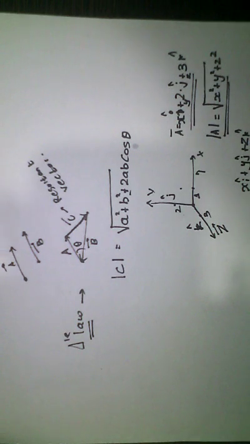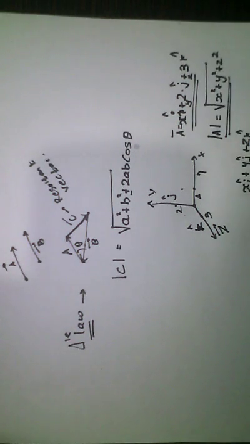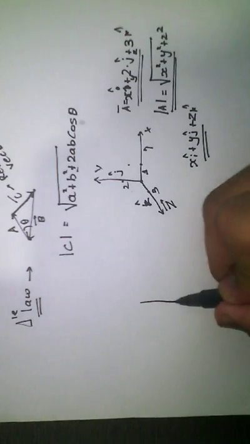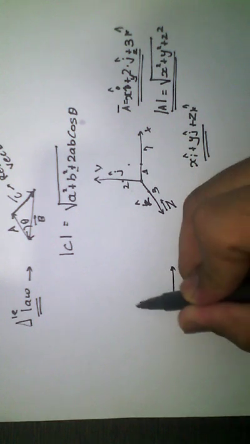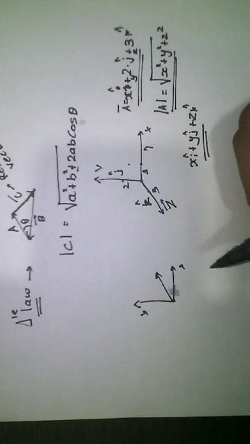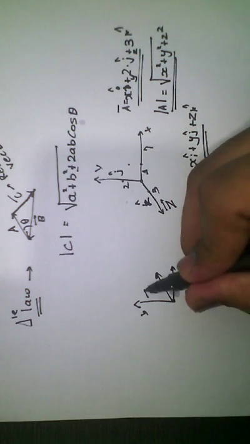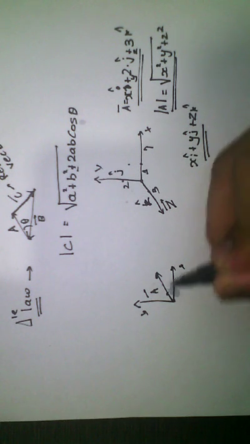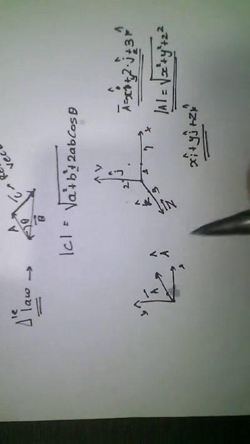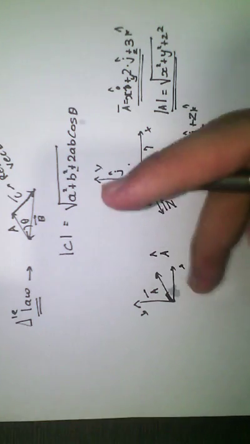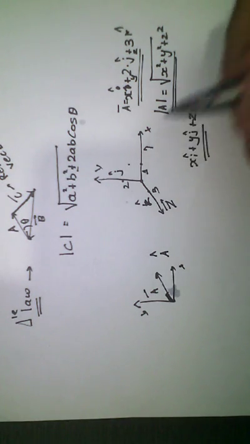Alright, now let me tell you another concept. See here, if there are two axes, x-axis and y-axis, and this is a vector a bar, and I want to convert this vector into a unit vector, that is a cap, so that its magnitude is only one but it represents the direction as it is.